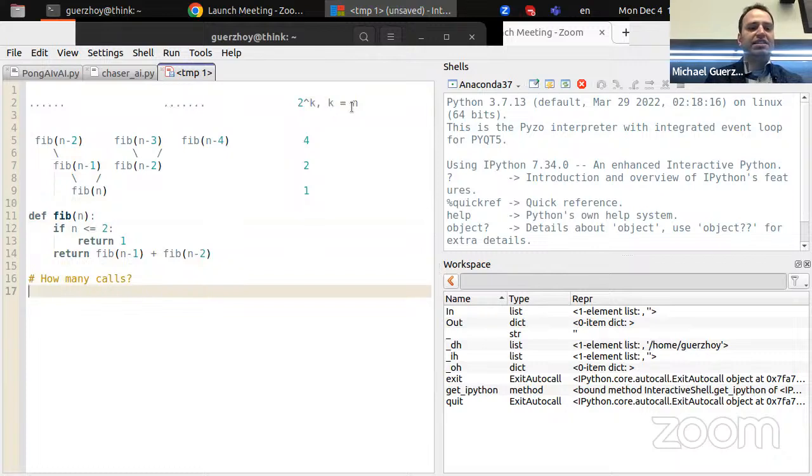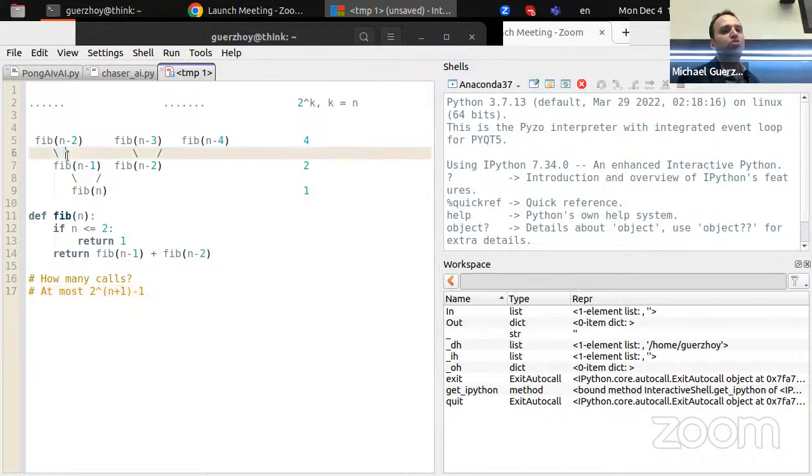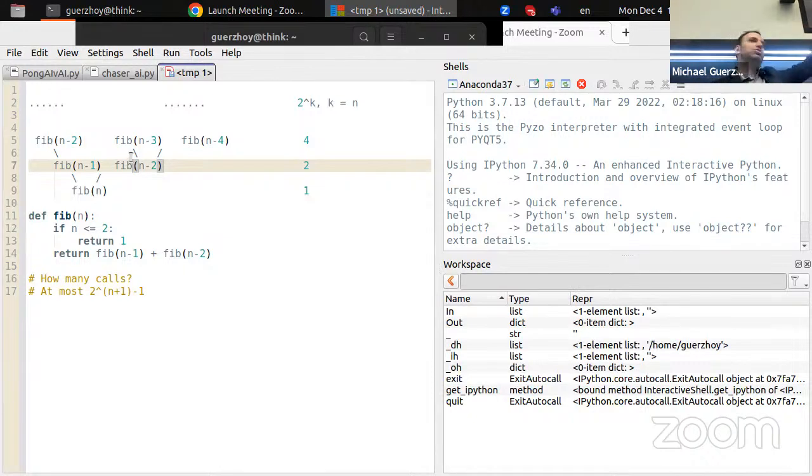So the answer is at most the same computation that we had before, 2 to the n plus 1 minus 1. Right, so that's the computation for the call tree where it was just branching by 2 every time. So each call produced 2 other calls. And then eventually you got to 1, and that was 1 plus 2 plus 4 and so on, up to 2 to the n. So that's 2 to the n plus 1 minus 1.